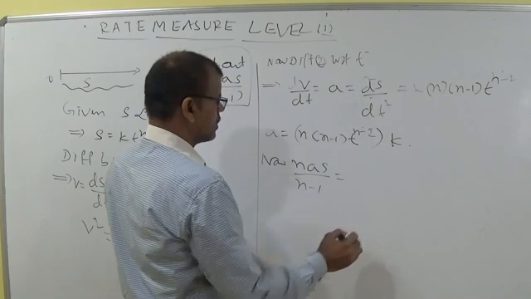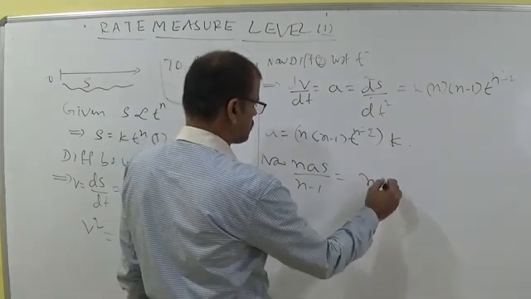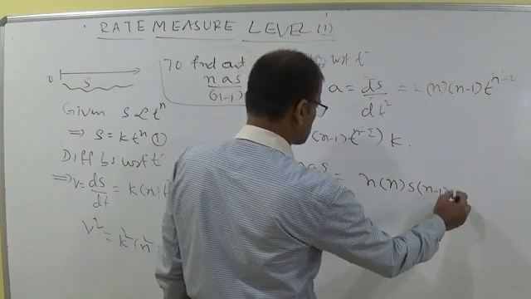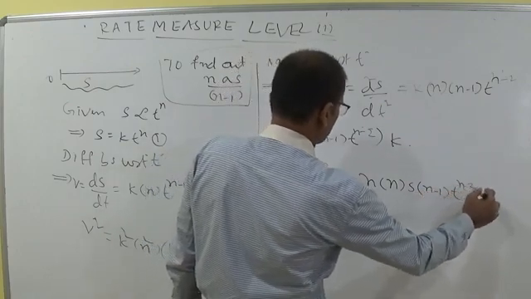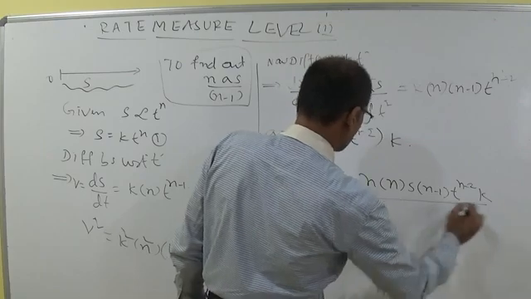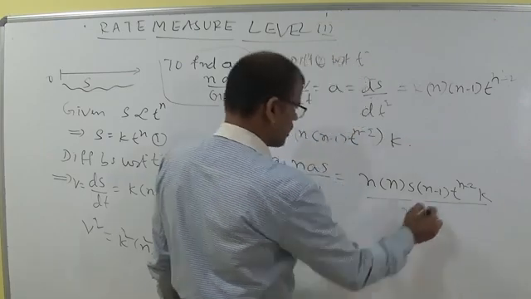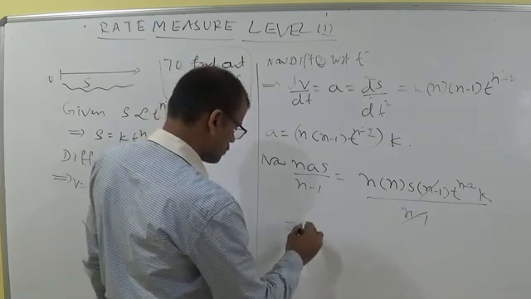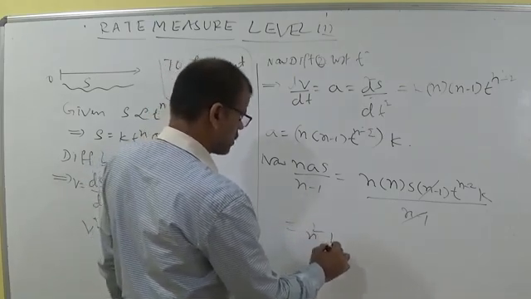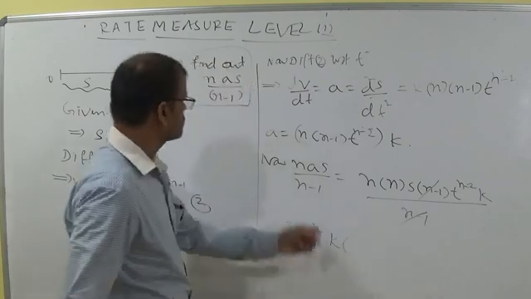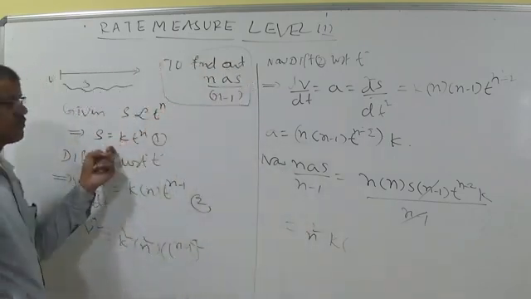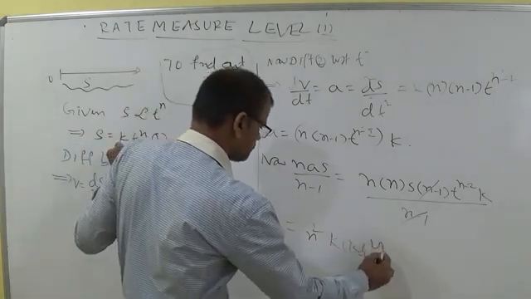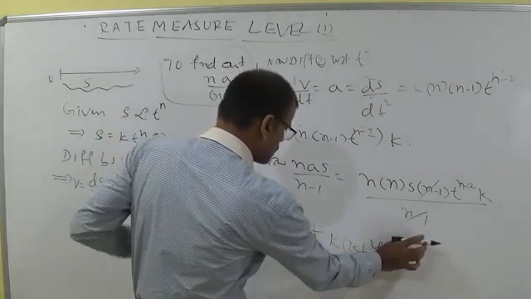Multiplying, n into s into n minus 1 into t power n minus 2 into k, whole divided by n minus 1. N minus 1 and n minus 1 get cancelled. That is equal to n square into k, and instead of s we write from equation 1, k into t power n.